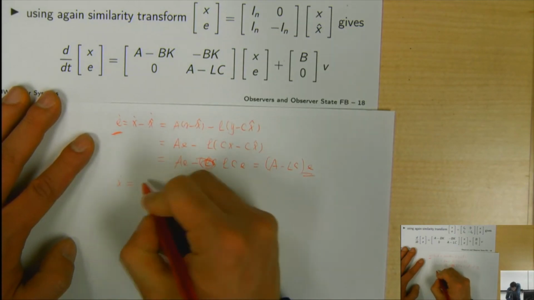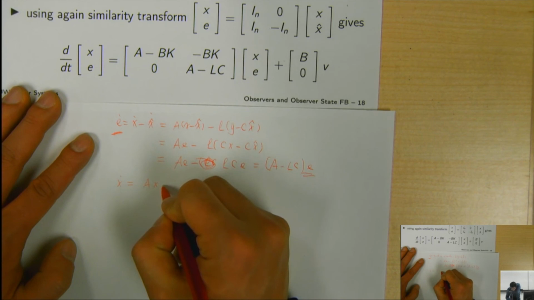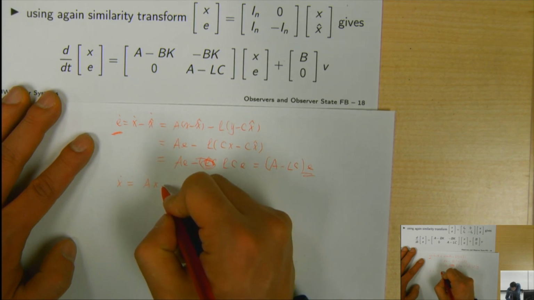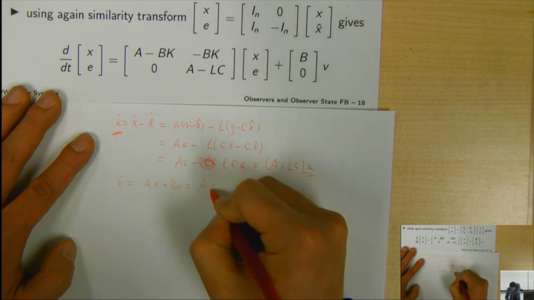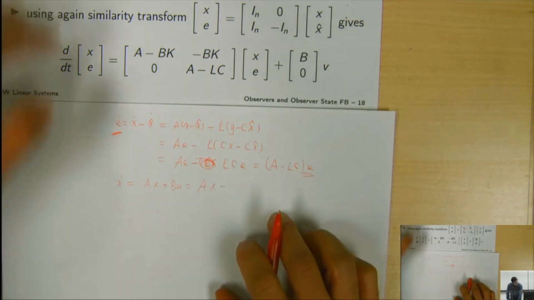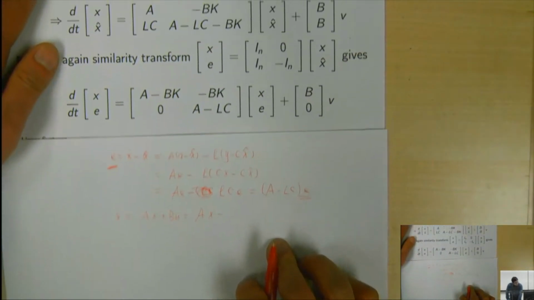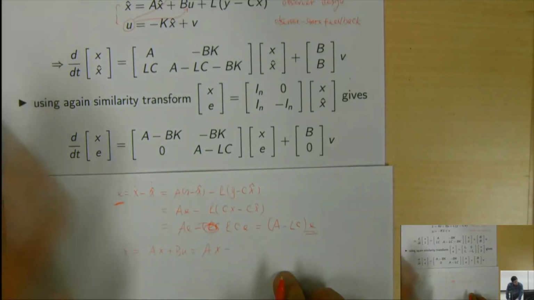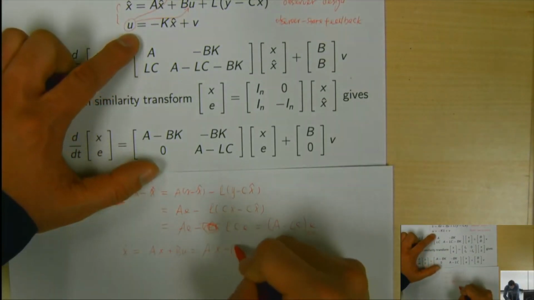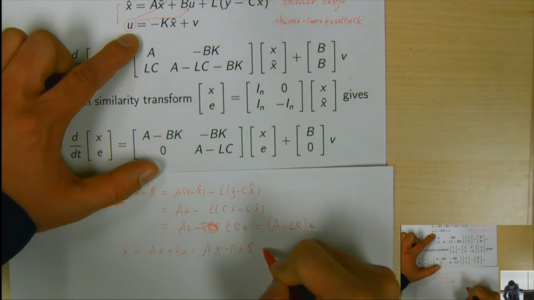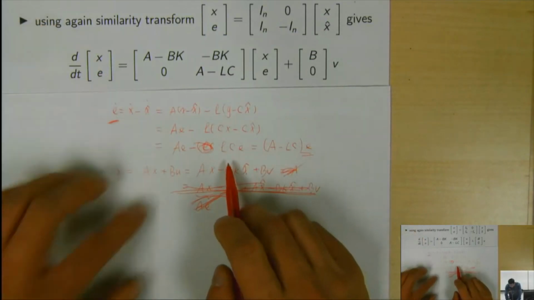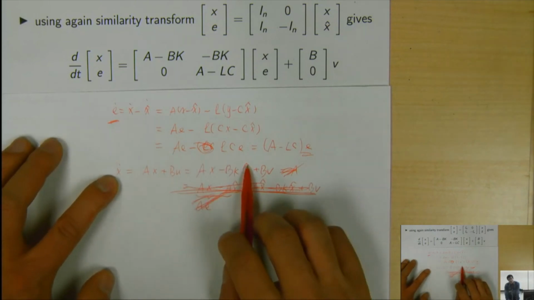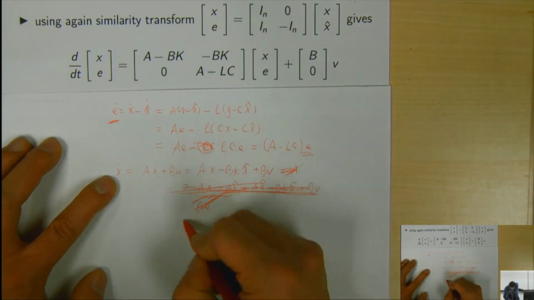So we know x dot is Ax plus Bu, which is Ax minus BK x hat plus Bv.